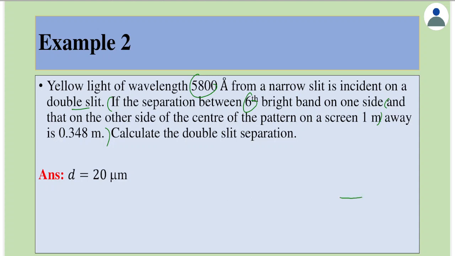Means if you have the central bright band and suppose we have a sixth bright band somewhere on this side, the distance between these two would be 6 times beta. And there also would be another bright band series in this direction also. So even this would be the 6th bright band in the down direction.